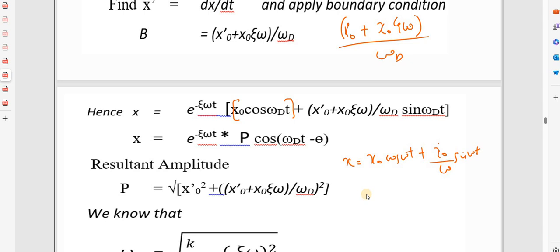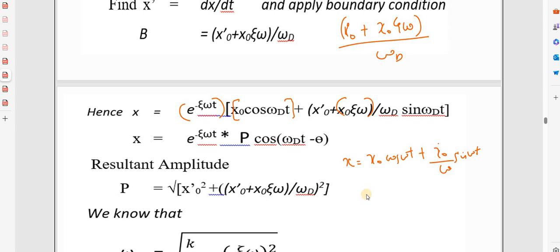Here it is the same, but instead of omega, it has changed to omega d, another term is there, and the whole term is multiplied by e raised to minus eta omega t. So the basic equation we studied there will be repeated, but with more additions. Once you write it one or two times, you will be able to understand.